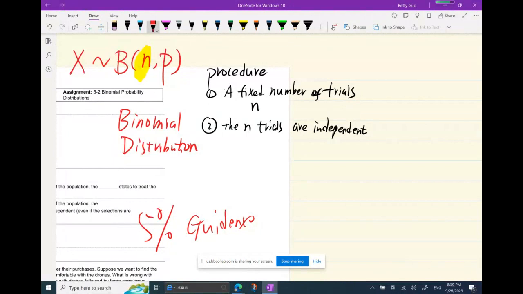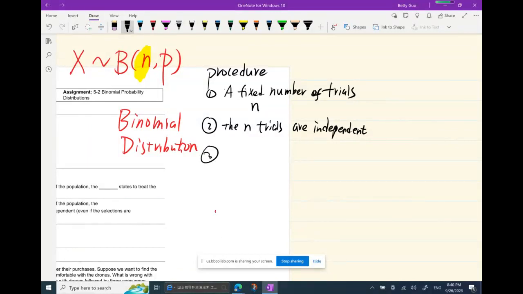We do have cases in which the trials are not strictly independent, but to avoid troublesome calculation, we pretend those trials are independent as long as the number of trials compared with the number of values in the sample is less than or equal to 5%. We don't have to go over that today. Just saying we have something like that. The second condition is the n trials are independent.